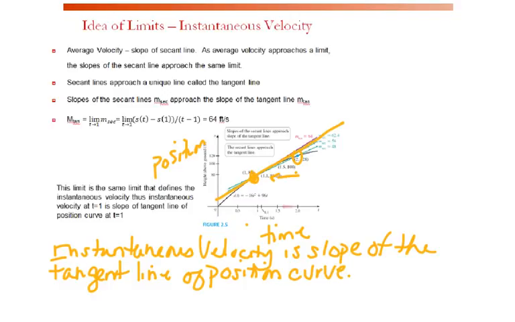So the secant line approaches the tangent line, and that's really what instantaneous velocity is. As the points of the secant lines get closer and closer together, the average velocity approaches a limit, and that limit is the slope of the tangent line.